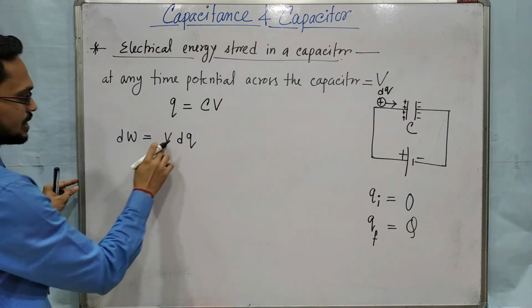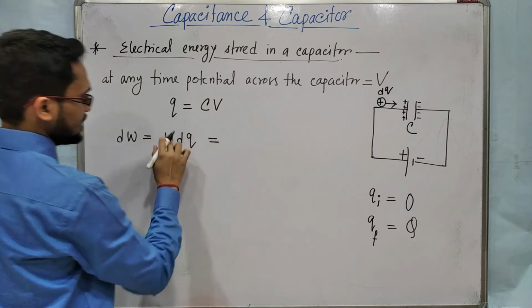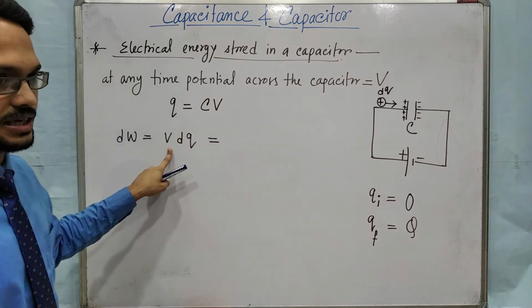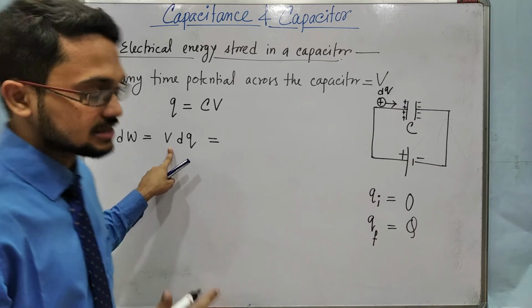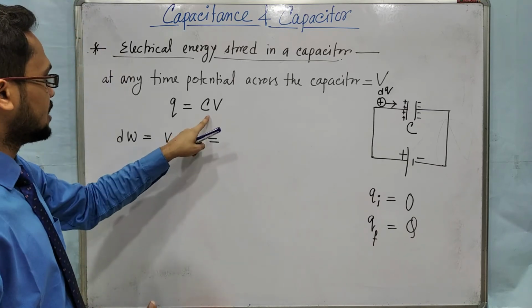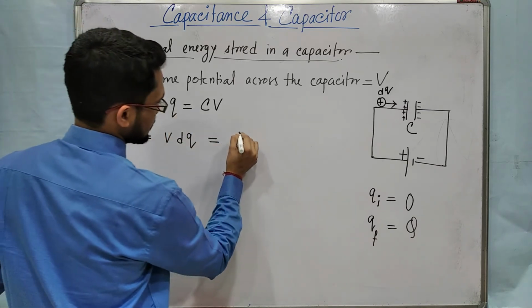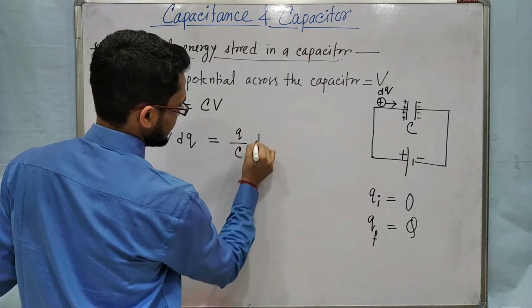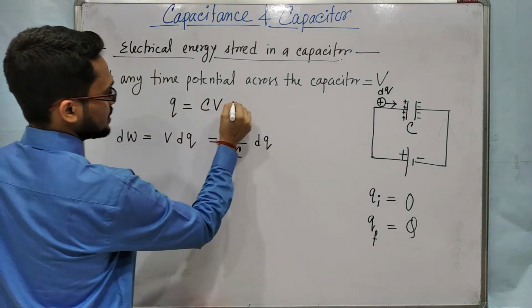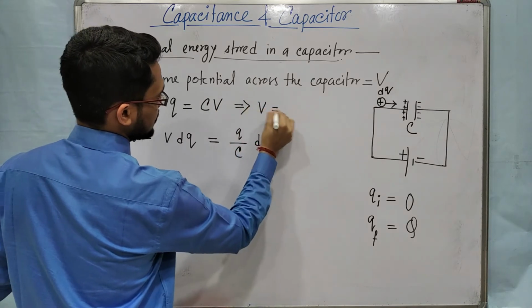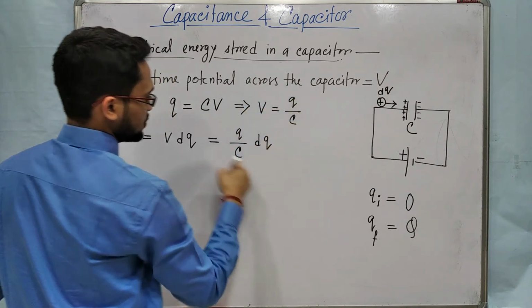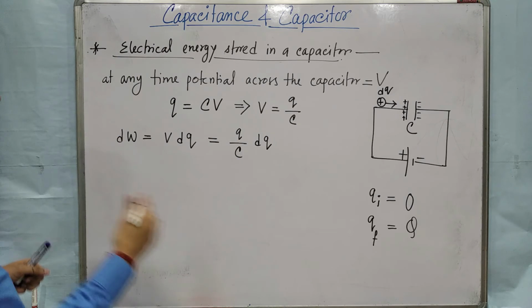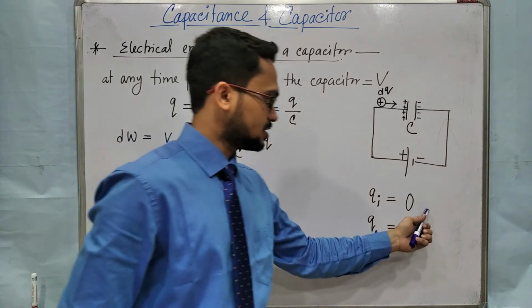Now, V is not a constant, V is changing continuously, so in place of V I will put q by C, so q by C dq. Find V from V equal to q by C and put it here. Then total work done for charging it from 0 to Q.